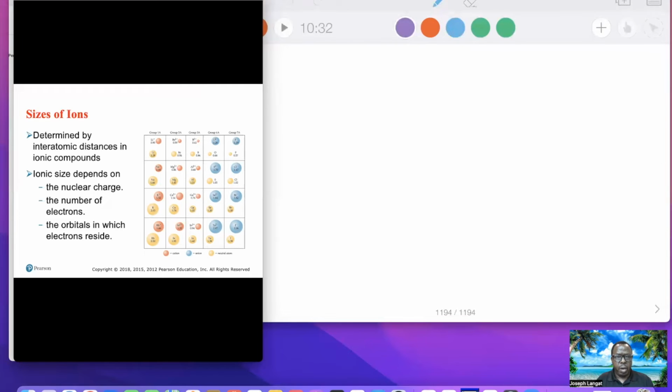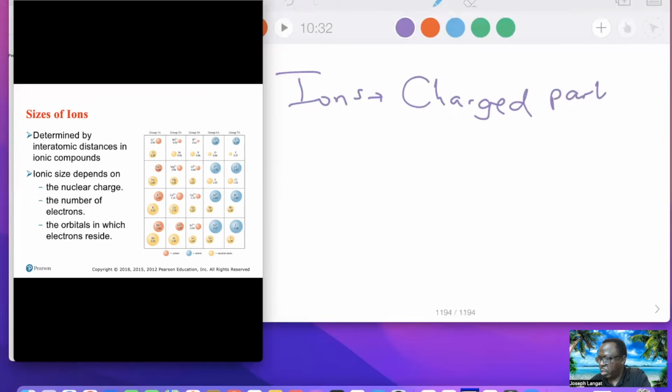Now, let's see the sizes of ions. Remember ions, we defined these earlier on. Ions are charged particles, and they can be cations or anions.